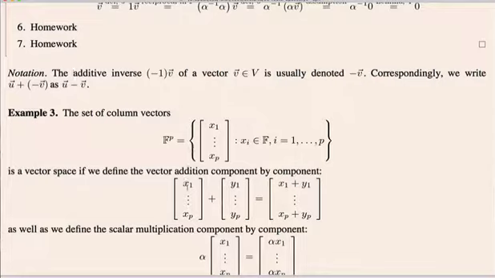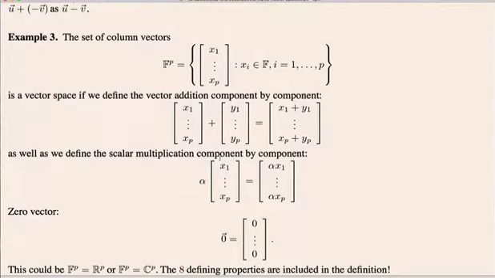So if you have a vector x1 through xp and another vector y1 through yp, then we add them together component by component to be x1 plus y1, and the last component xp plus yp. And the scalar multiplication is also defined component by component. So alpha times the vector x1 through xp is alpha x1 through alpha xp.